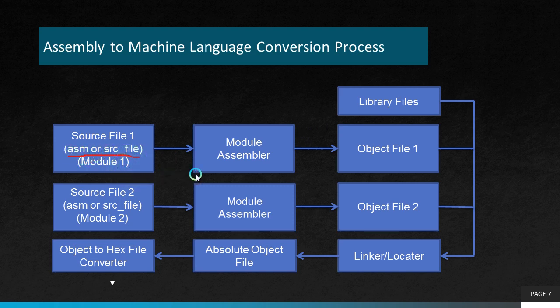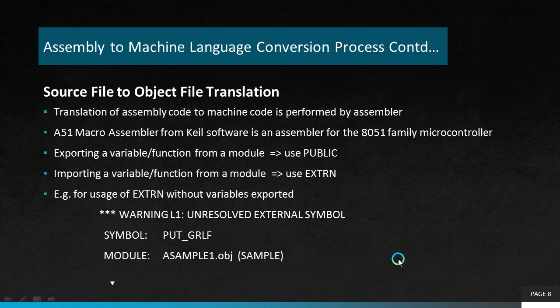On assembling these files, we get corresponding object files with extension .obj. The object file doesn't contain the absolute address and hence it is called a relocatable segment. Absolute address assigning will be done by the linker or locator. A51 macro assembler is an example of an assembler.